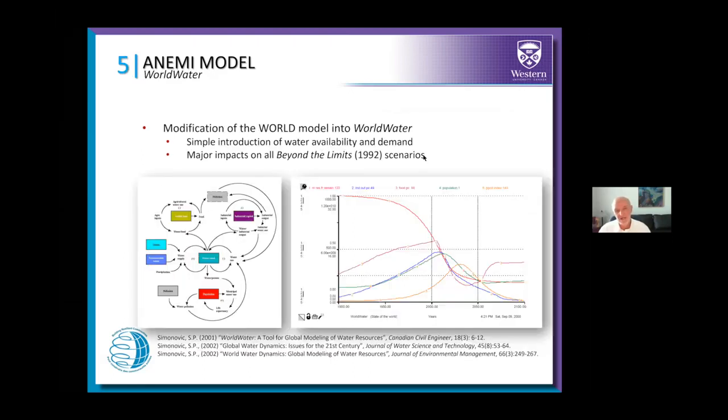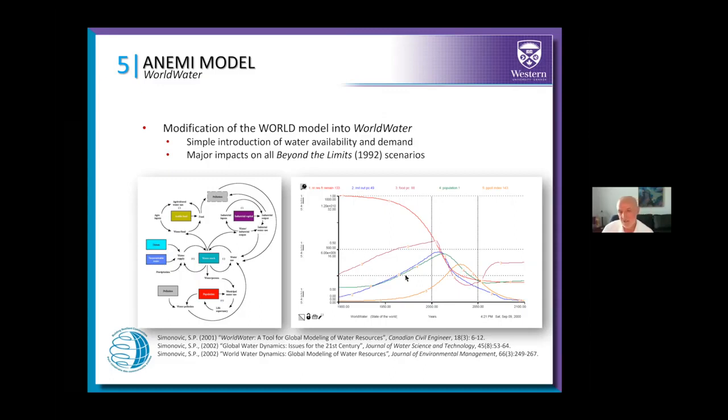Just to quickly show you, this was the beginning, the modification of the world model. The world model had all these sectors from industrial, food production, pollution, and so on. And all I have done is add water quantity, non-renewable and renewable. And then on the right-hand side, you see the simulations.